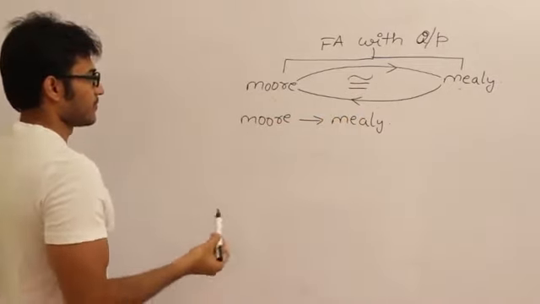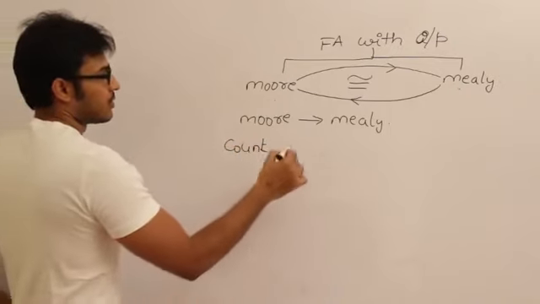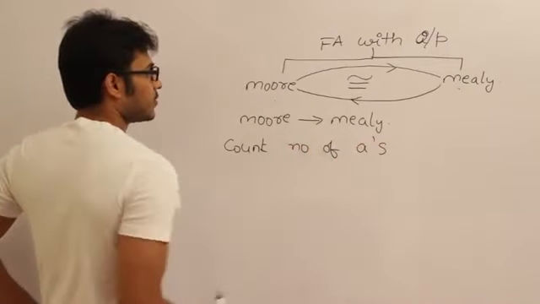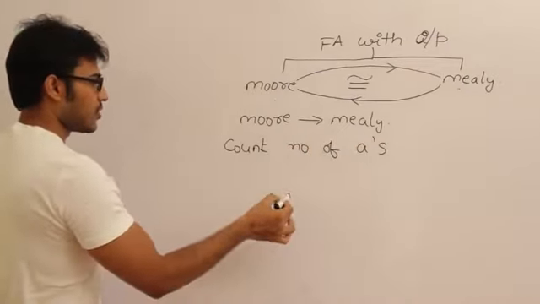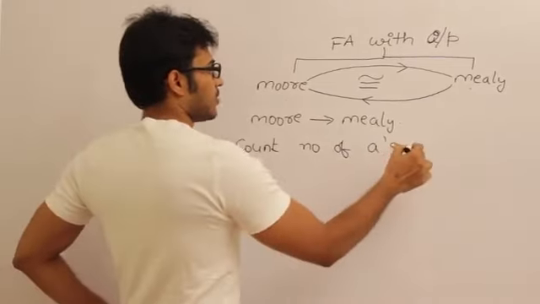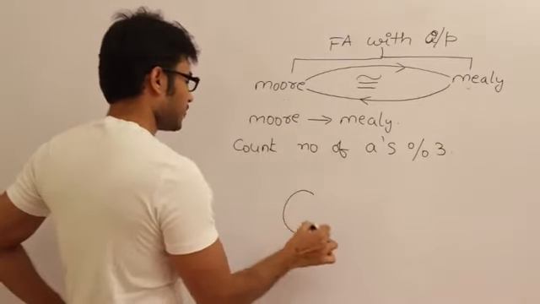So let us say I want to count the number of A's using a Moore machine, or I want to print out the number of A's mod 3. Then the Moore machine is going to look like this.